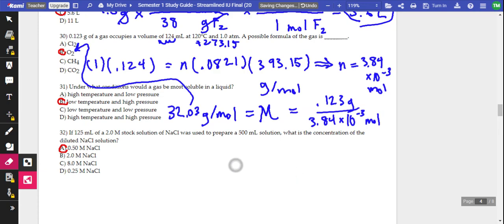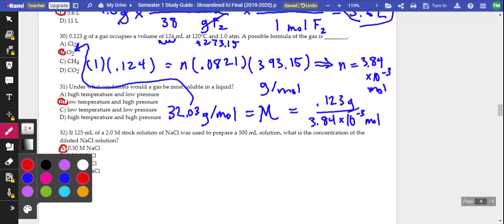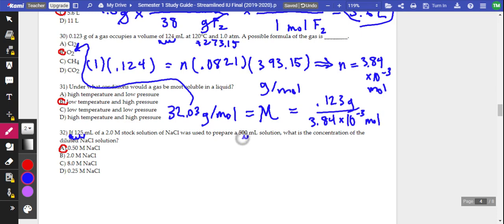You don't really need to memorize this if you're good with ratios, and you can think, okay, I've got this much of this, this much of that. If I change this, has this changed? Then you should be able to figure it out that way too. I have had students do that in the past, but let's just try it. So this is going to change to 0.125 liters, and this is going to change to 0.5 liters.